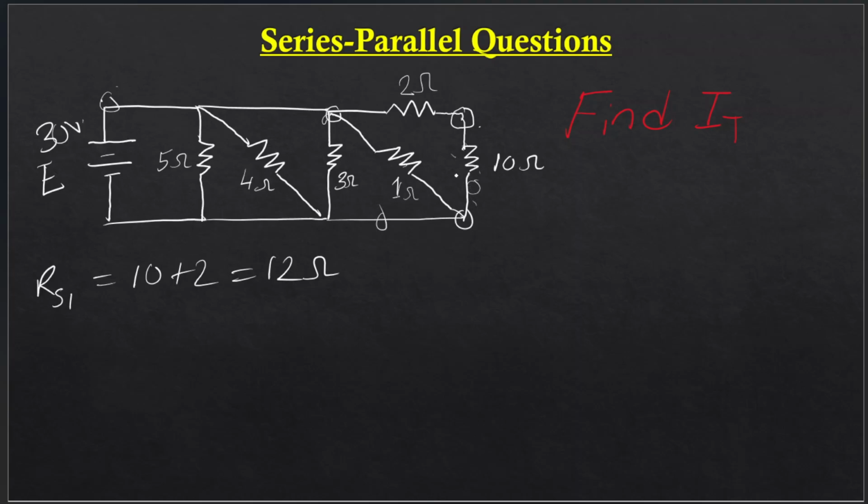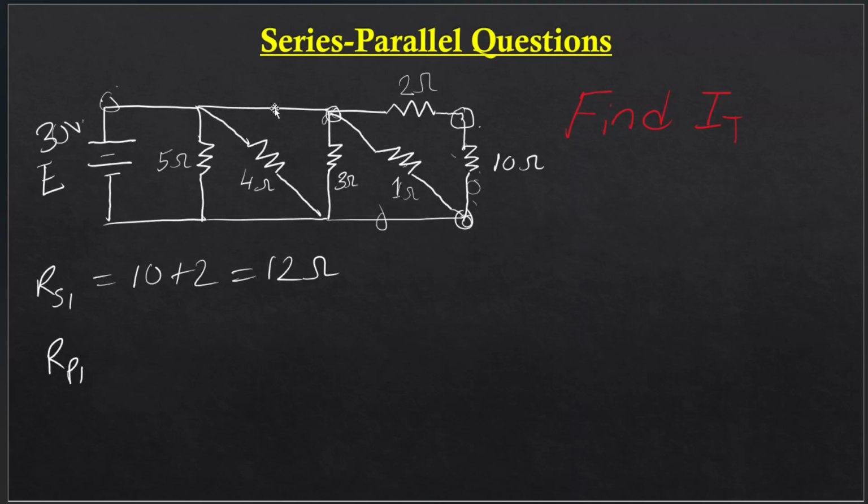Okay. Now let's calculate the parallel part. This RS1 is in parallel with 1 and 3 because of 2 common points. Let's denote it as RP1. Wait a minute, if you look closely, this 1, 3 again is in parallel with 4 ohms.